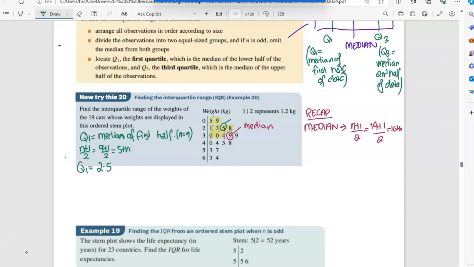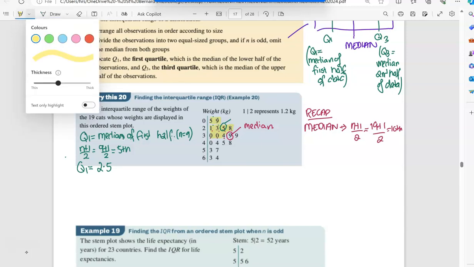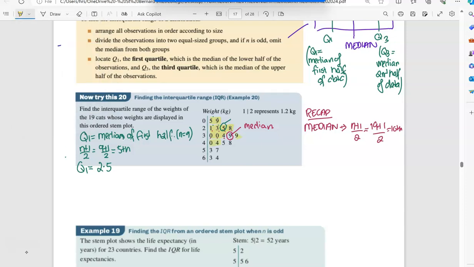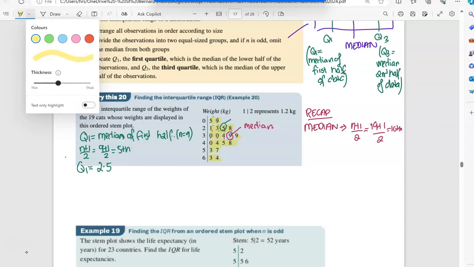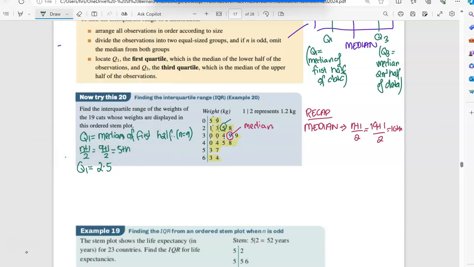Now you already know, because you've split the data exactly in half, there are still 9 values after the median as well. So the quick way to find Q3 is that it's the 5th spot back from the end. Once you've found Q1, you just go backwards: 1, 2, 3, 4, 5.